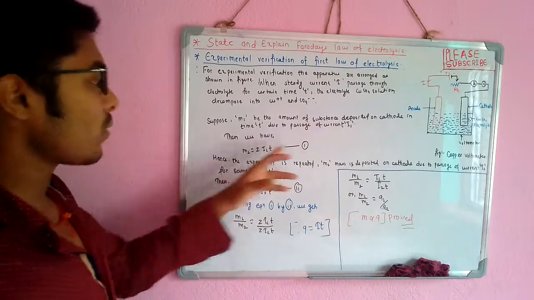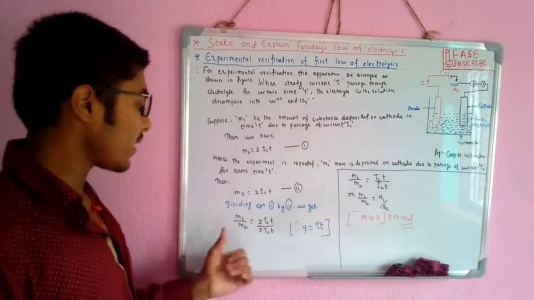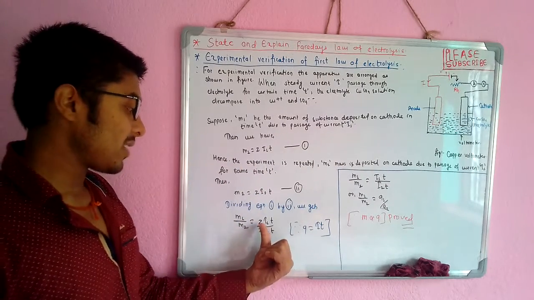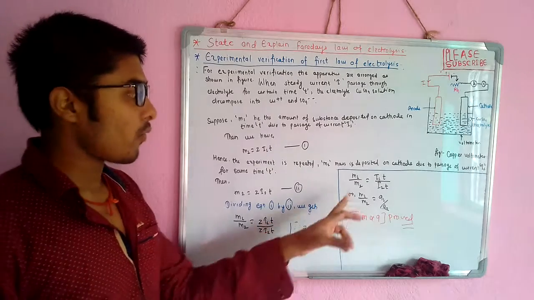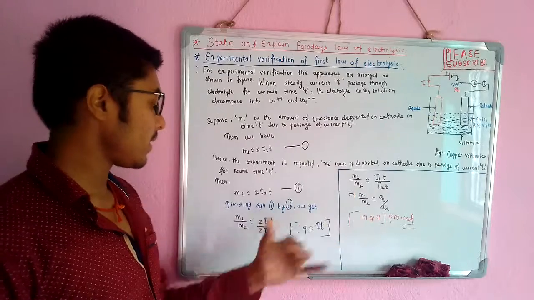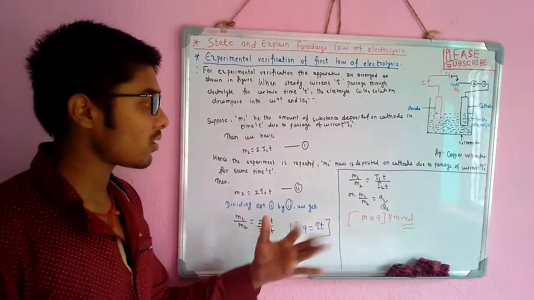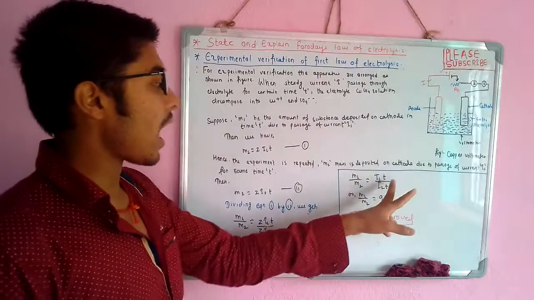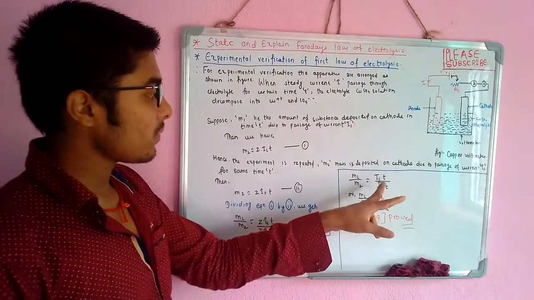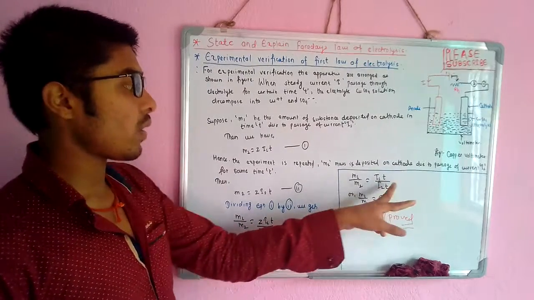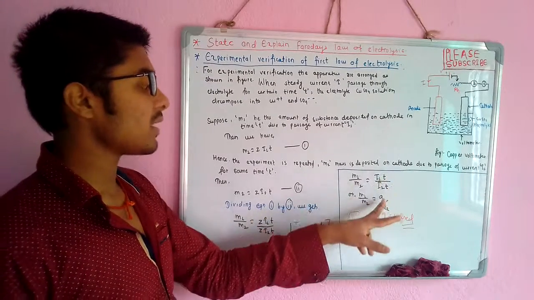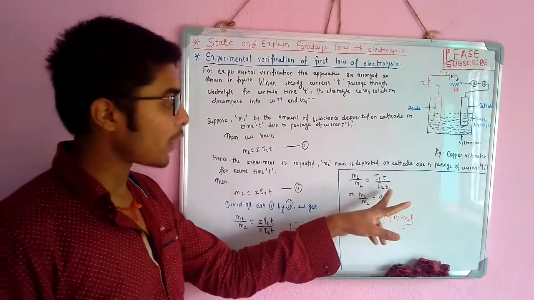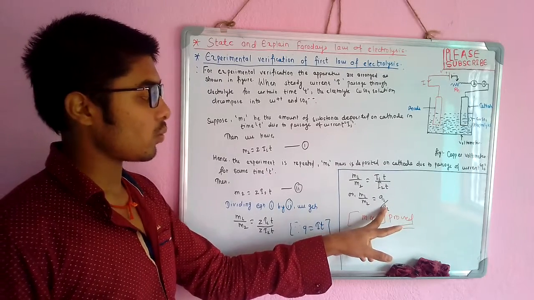By dividing equation 1 by 2, we get M1 upon M2 equals ZI1t by ZI2t. From here we can see that Z is the same constant in both, so it cancels out, and It is equal to Q. That's why I have replaced It by Q: I1t is Q1, and I2t is Q2.